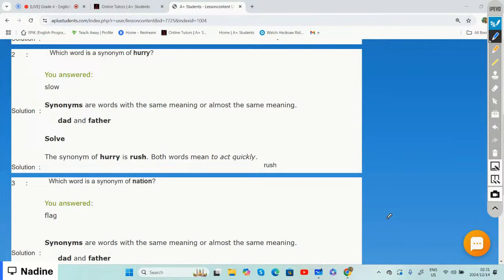And if we were to choose the correct option, then we'd say another word for nation is country. Our country or our nation.